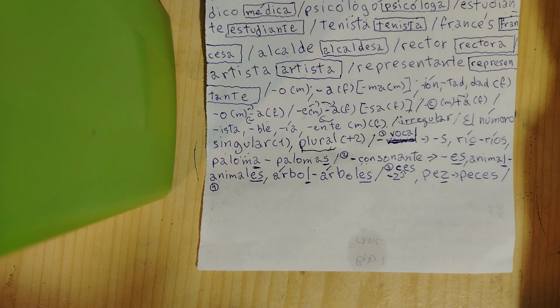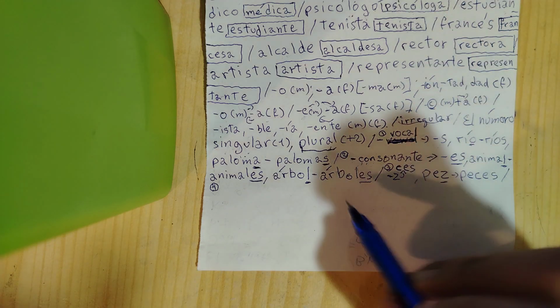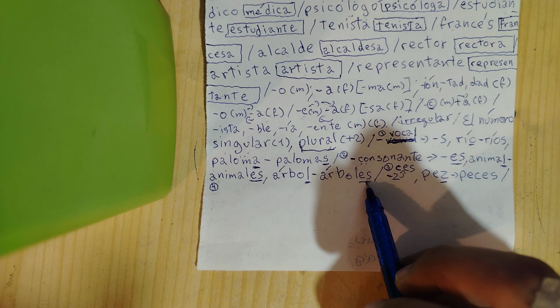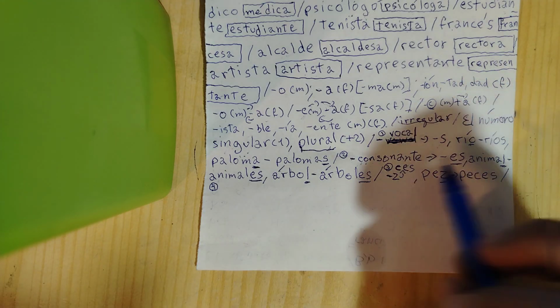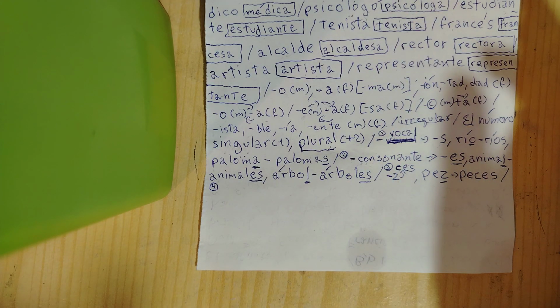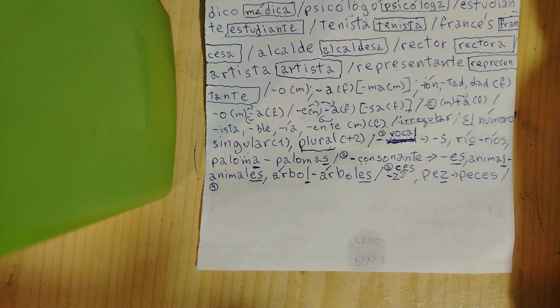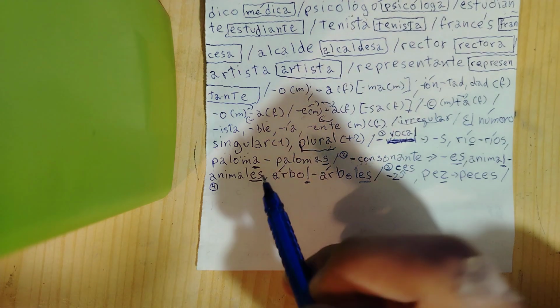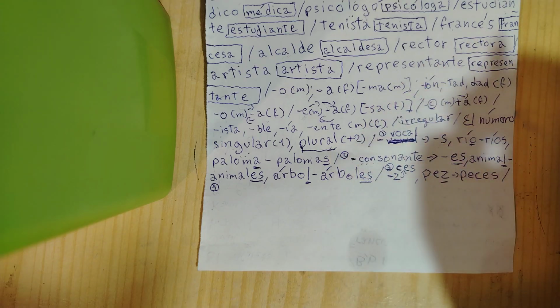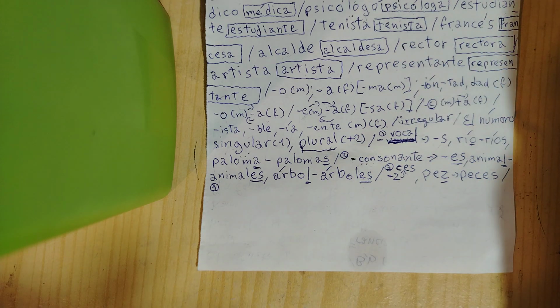So there are some words that are singular. That means that those words don't end with s or es, don't end with those letters. So they look like singular, like paloma, consonante, animal.